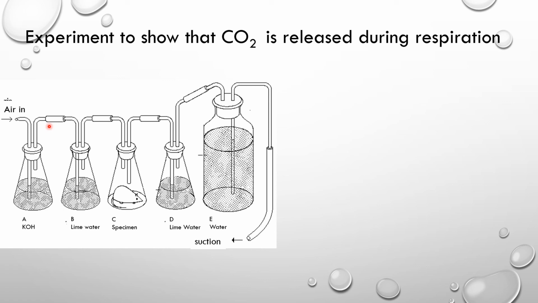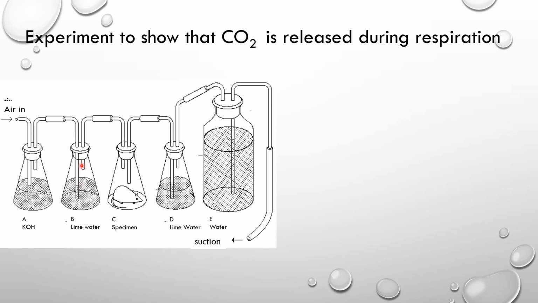So that air enters this bottle B, and here it contains lime water. Now you know lime water is used to identify carbon dioxide, and in the presence of carbon dioxide, lime water turns milky. So here you can observe no color change in lime water as the air does not contain carbon dioxide.